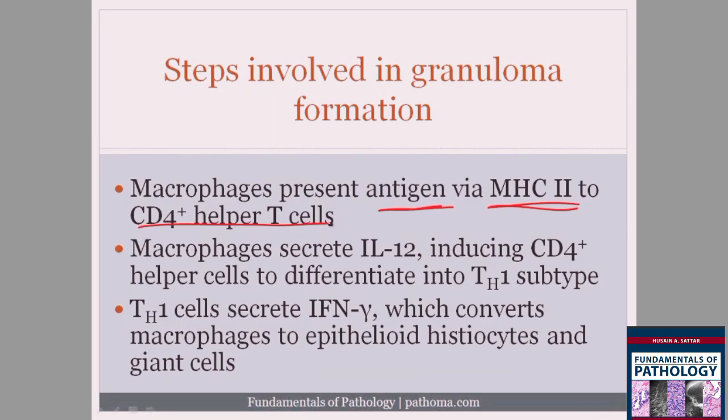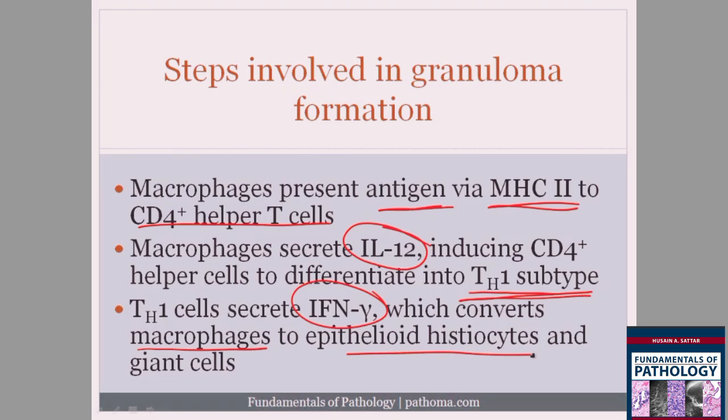When that interaction occurs, the macrophages then secrete IL-12. That's high yield, IL-12. IL-12 induces the CD4 positive T cells into the Th1 subtype. The Th1 subtype cells then secrete interferon gamma, and that's what converts the macrophages to epithelioid histiocytes. Now I realize there's a lot of words on this slide, but I want to really make it simple. Step 1. The macrophages find an antigen, present it via MHC class 2 to the helper T cells.